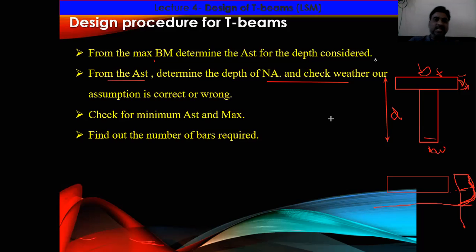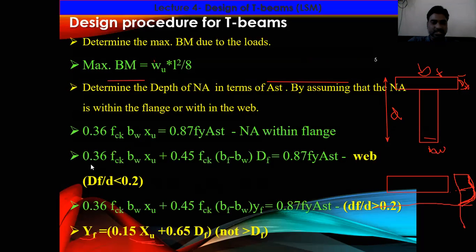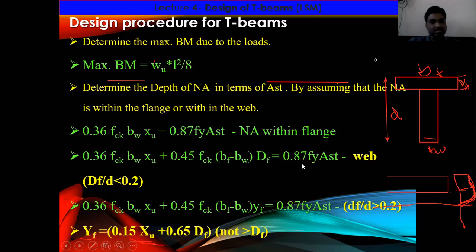If it is less than 0.2, again go to here and use this equation to determine the xu value and determine the depth of neutral axis in terms of A of st, right? Then in terms of A of st, you can determine the values.